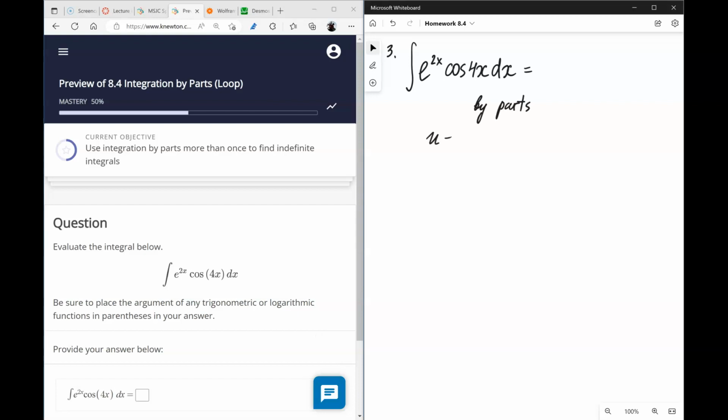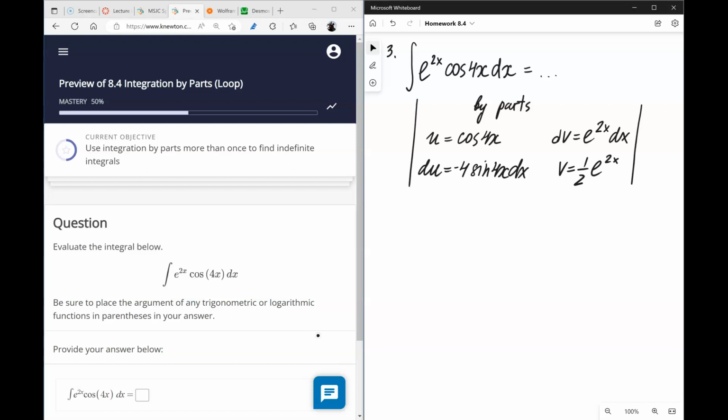So this time I'm going to set u equal to cosine of 4x, then du is negative 4 sine 4x dx, so that dv is equal to e to the 2x dx, so v is 1/2 e to the power 2x.